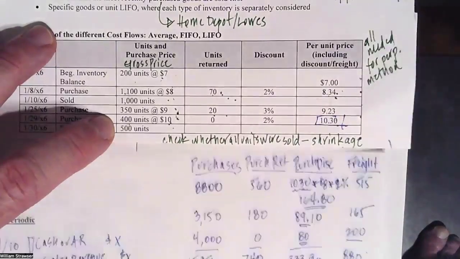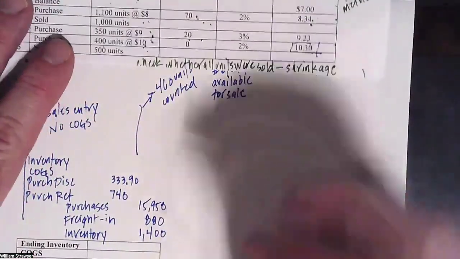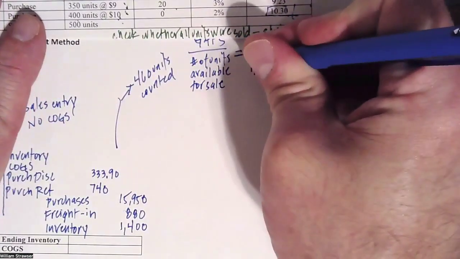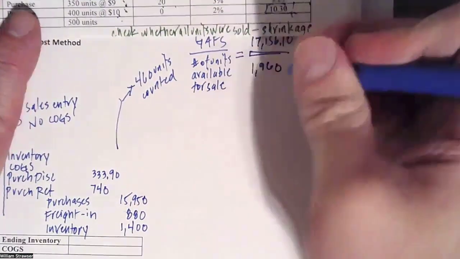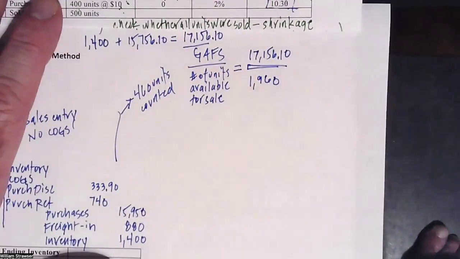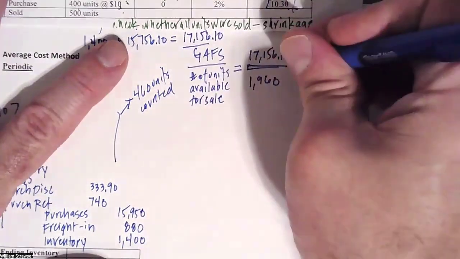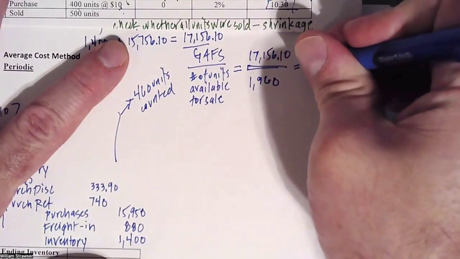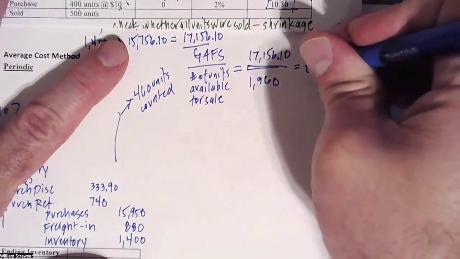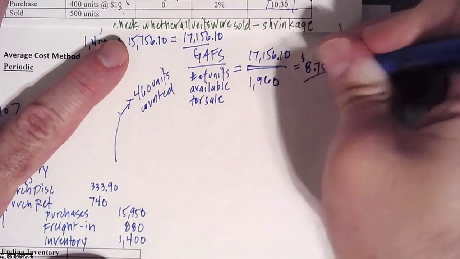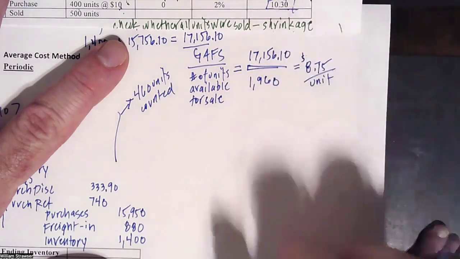So that's 1,960 units after I do that math. And then just take the ratio of those two numbers. And I get $8.75 when I round to the nearest cent. And that's per unit.